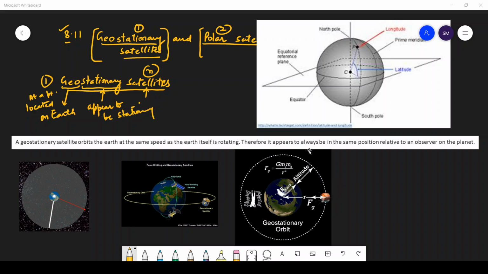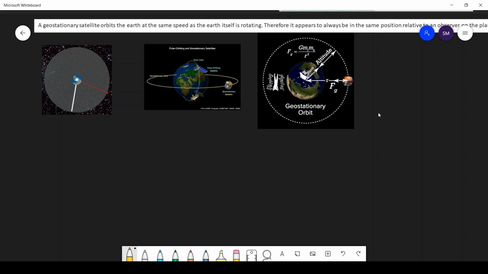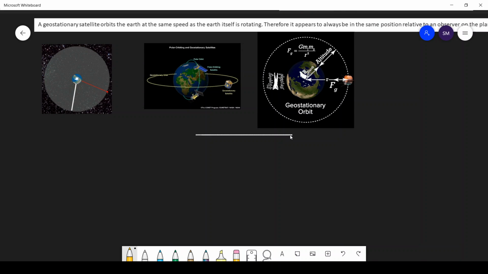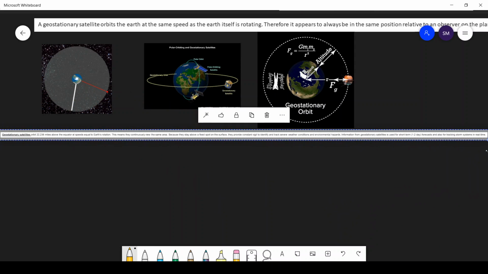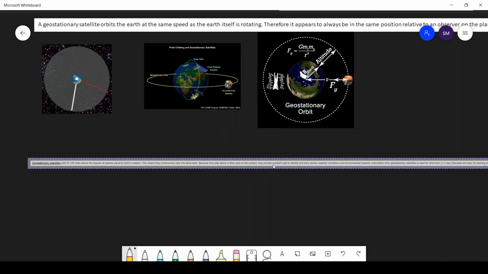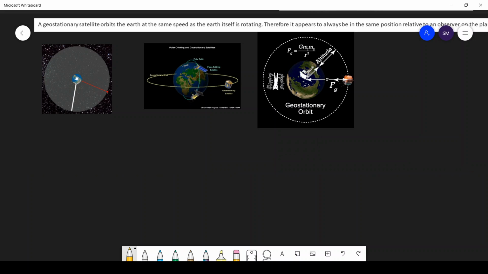Yes, and see, look at how far they are away from the earth.